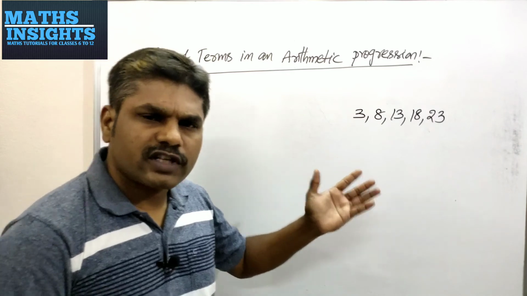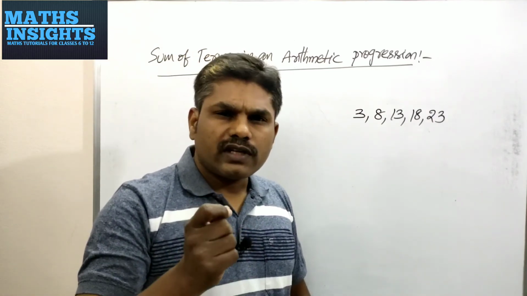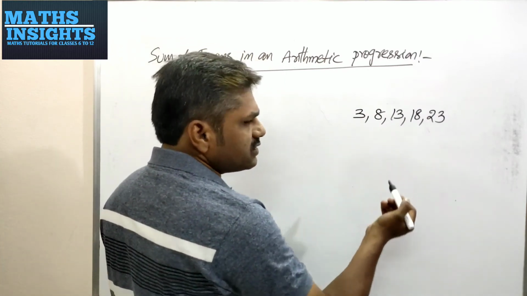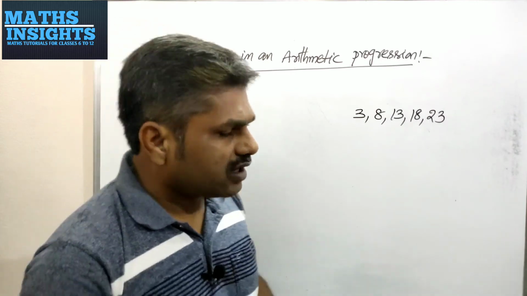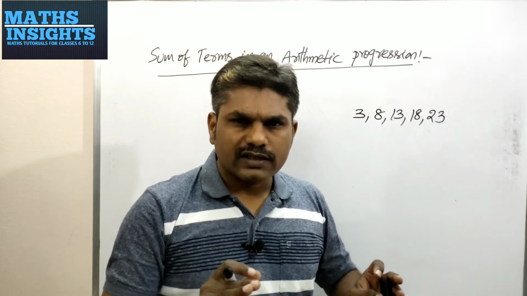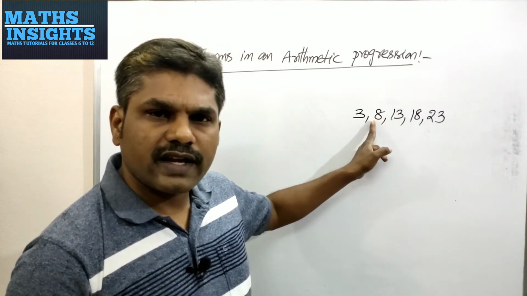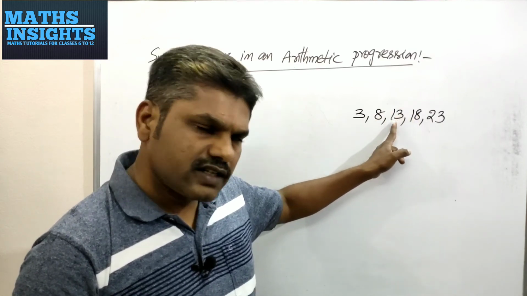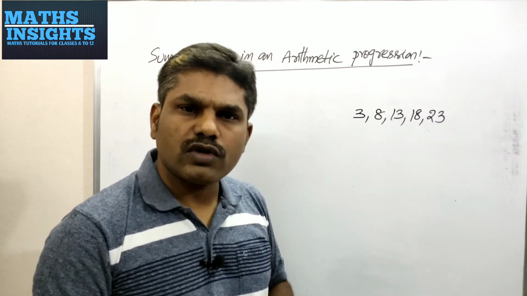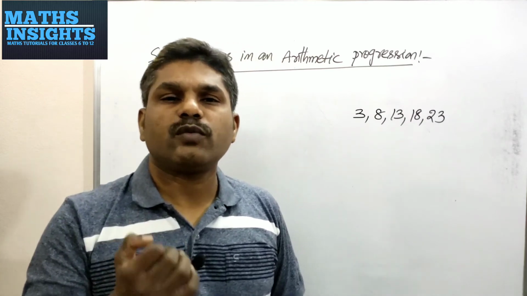You know this is an arithmetic progression. If you want to check whether any progression is an AP or not, you have to do t2 minus t1, t3 minus t2, or t5 minus t4. In all these cases, you have to get the same value. Here 8 minus 3 is 5, 13 minus 8 is 5, 18 minus 13 is 5, 23 minus 18 is also 5. So you may decide that this is an example of an arithmetic progression.